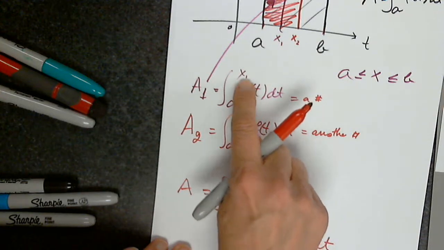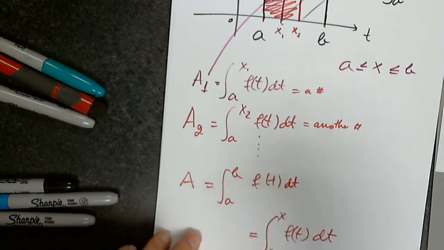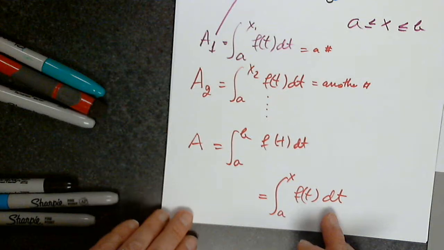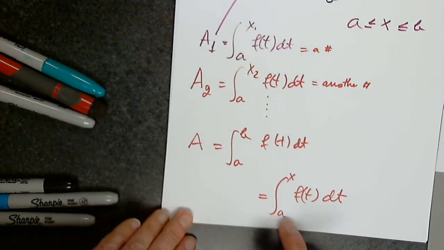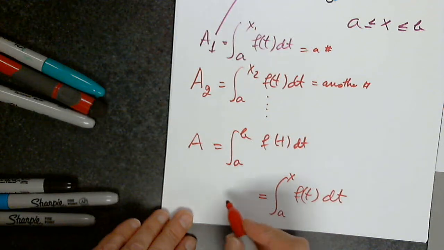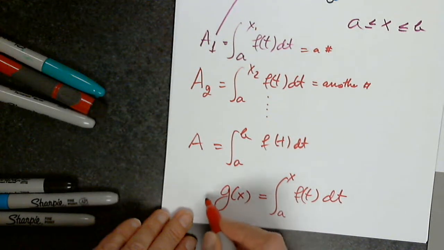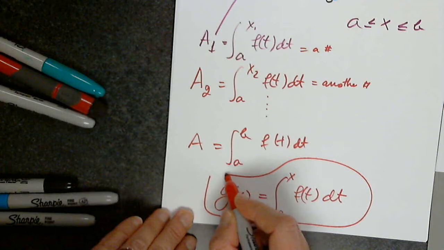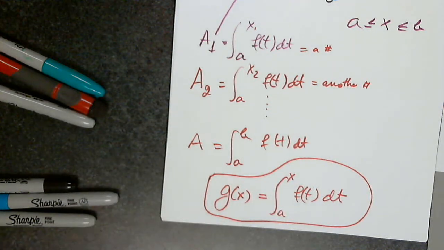If x is x1 and then x2 and then x3 and then x4 and then x5, it depends on x. So this is basically a function defined as an integral. So we will call this g of x. So we have so many different ways of creating functions. This one was determined using an integral.